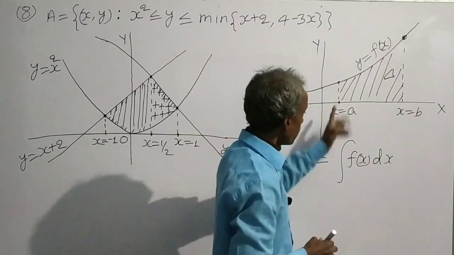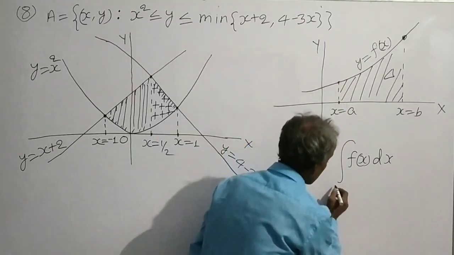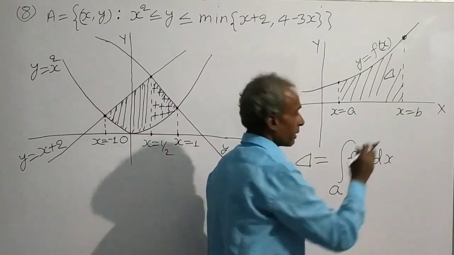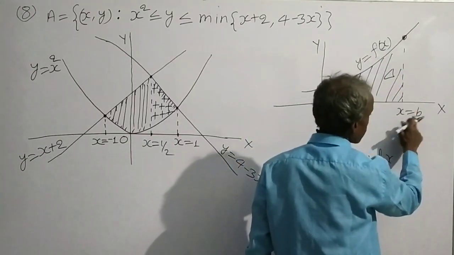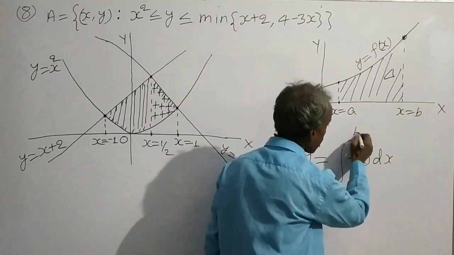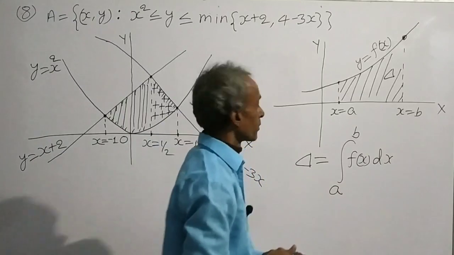This dotted line is x = a, so write a below. This dotted line is x = b, therefore the upper limit of integration will be b.